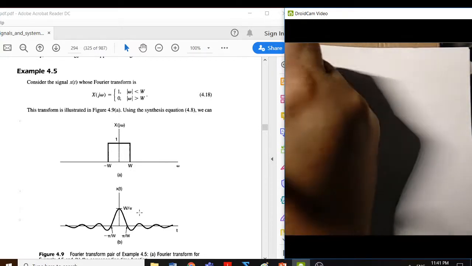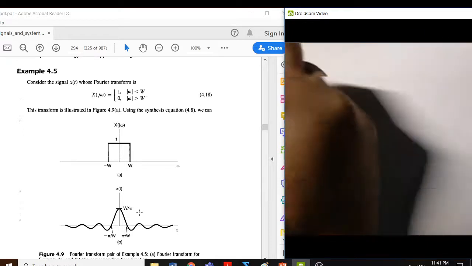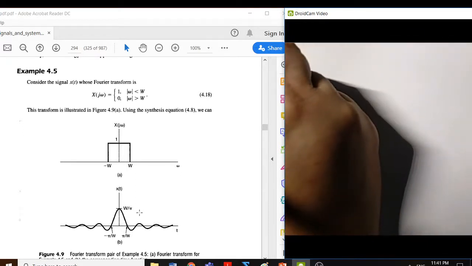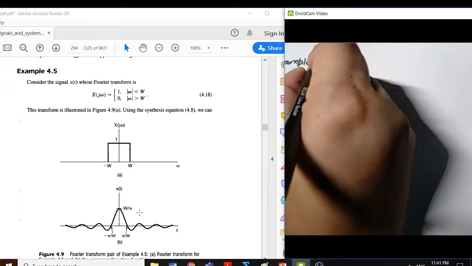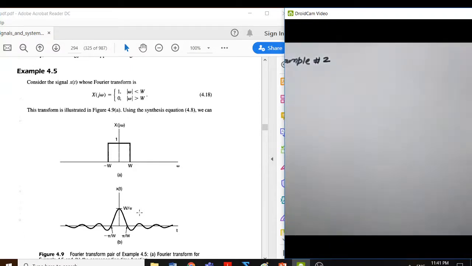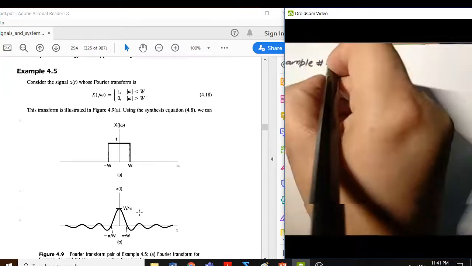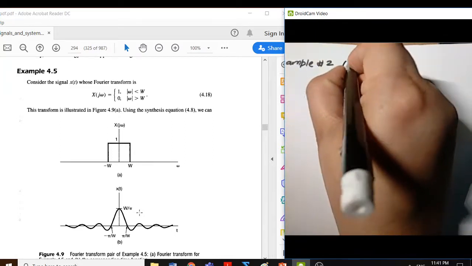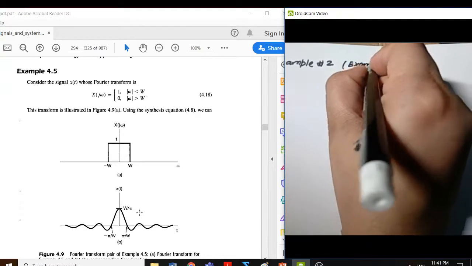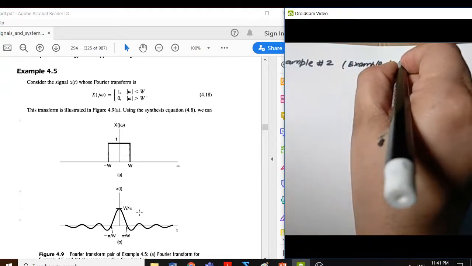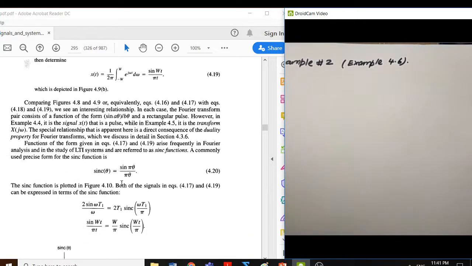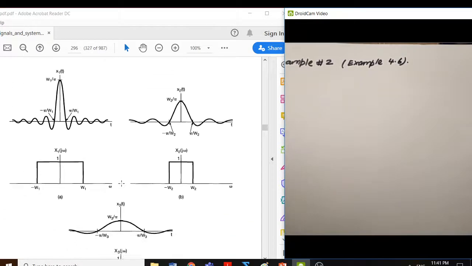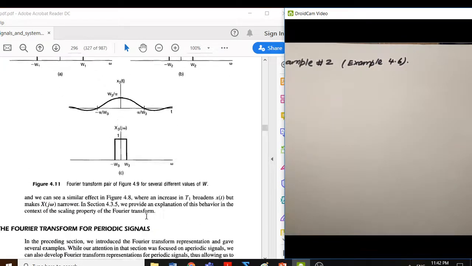So this is example 2 of today's lecture and this is example 4.6 of your book. And let's see if I can go to example 4.6 from the book shown on the left.